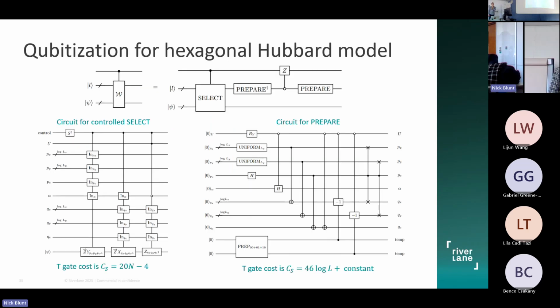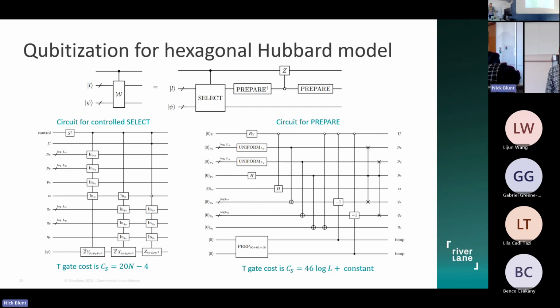And then just in a single slide, qubitization. So I saw you had some previous seminars on this, so hopefully people are somewhat familiar, but essentially we have a quantum walk operator, which can be implemented in terms of these operations, select and prepare. So again, we went through and worked out how to implement these for the specific case of the Hubbard model on a hexagonal lattice.